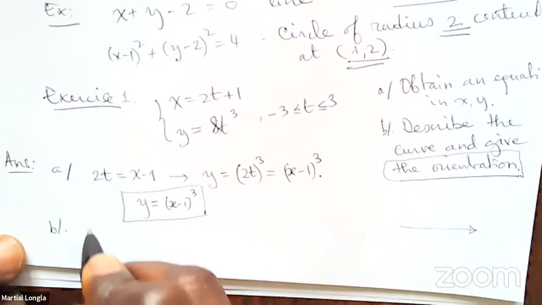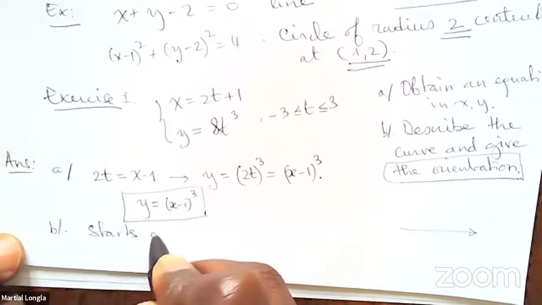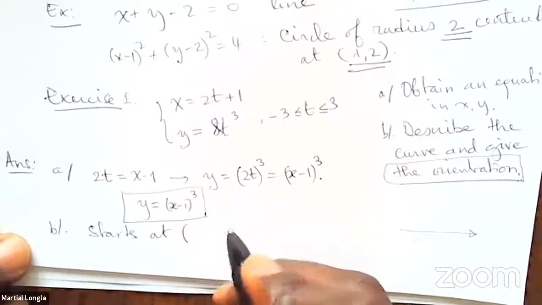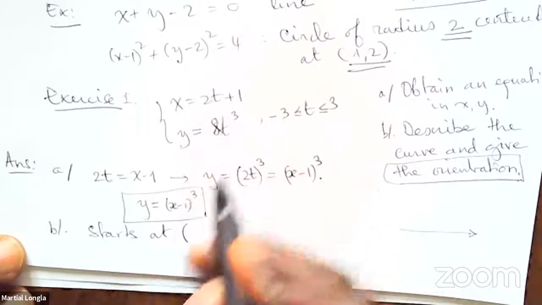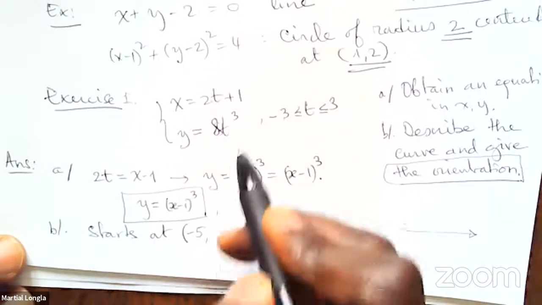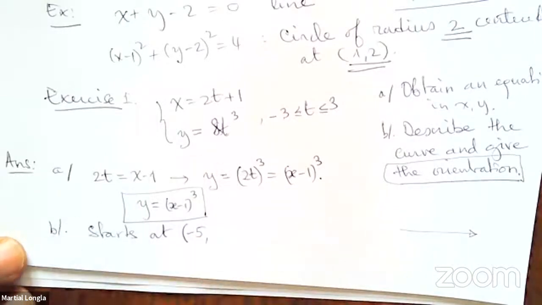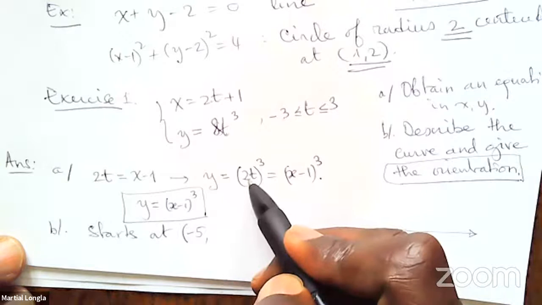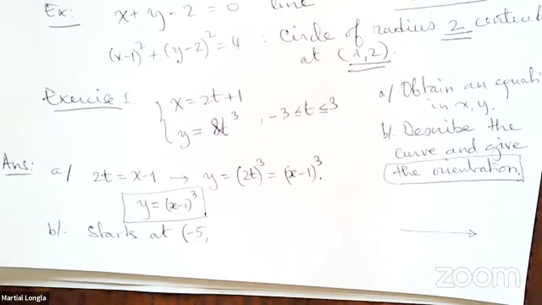Okay, so it starts at the point when t is -3, we said that's x equal -5. And then y is 8 times -3 cubed.